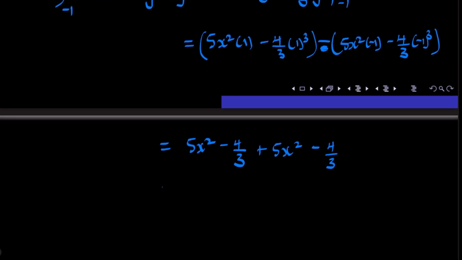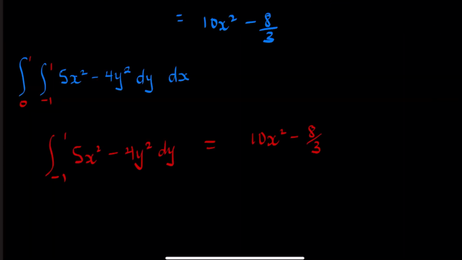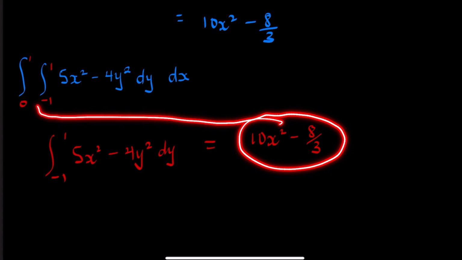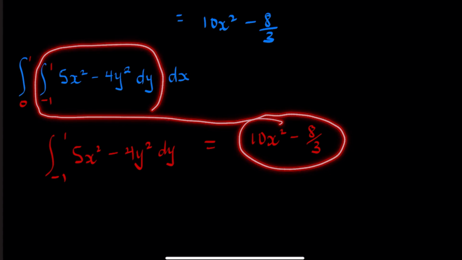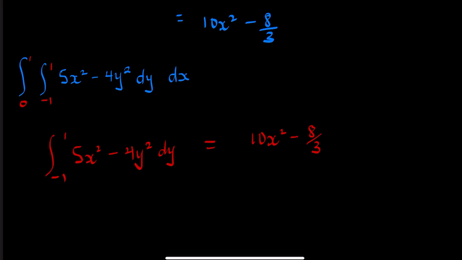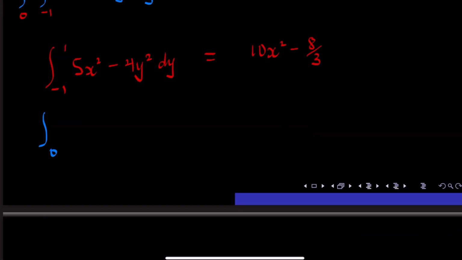So we just have to simplify this guy further. So we are going to have 10x squared minus 8 on 3. Here we now substitute 10x squared minus 8 on 3 in place of what we have here. So now our integral is going to be the integral from 0 to 1, 10x squared minus 8 on 3 dx.